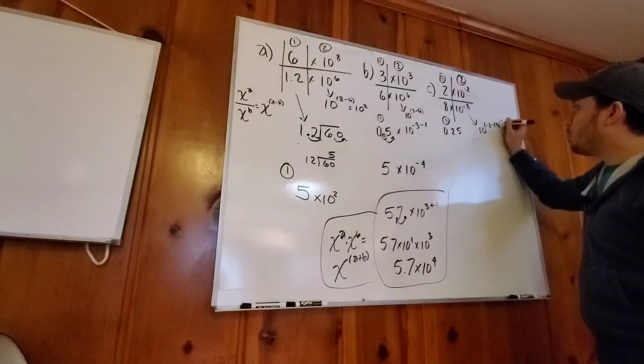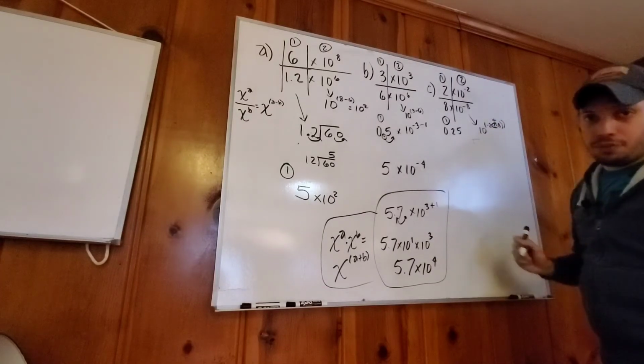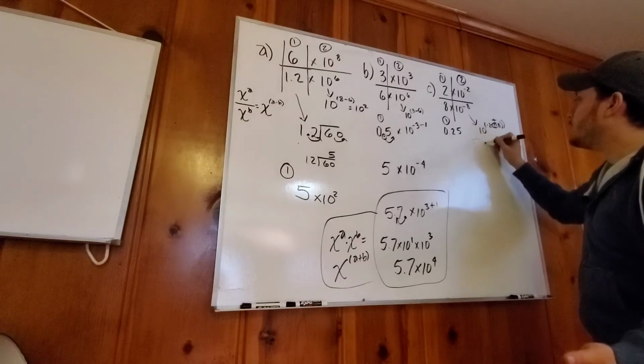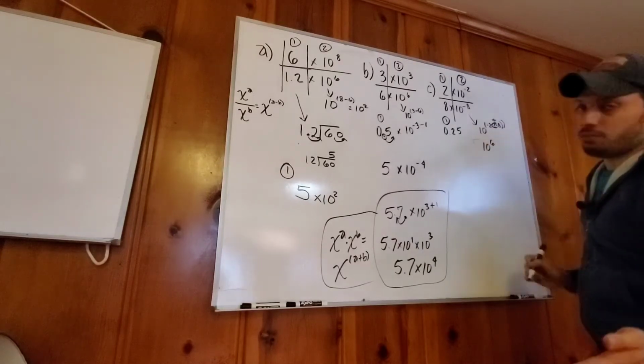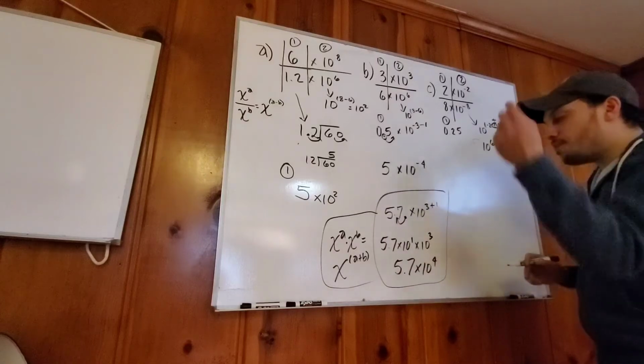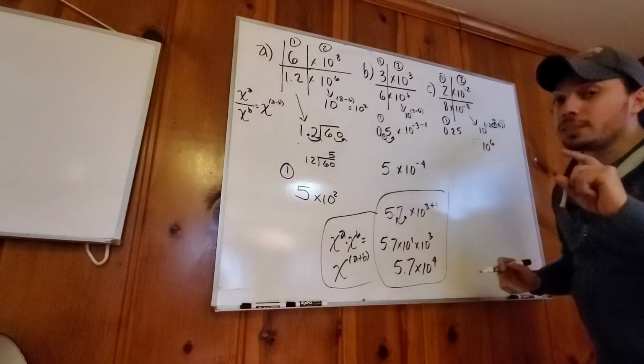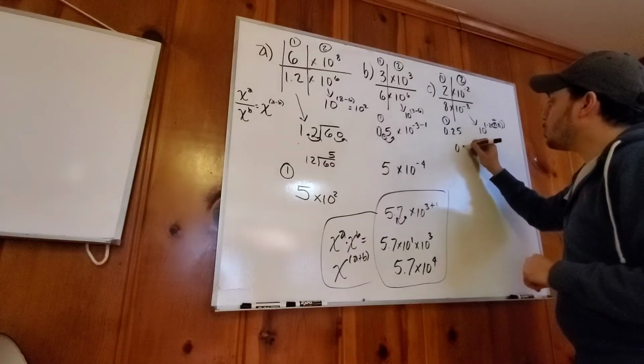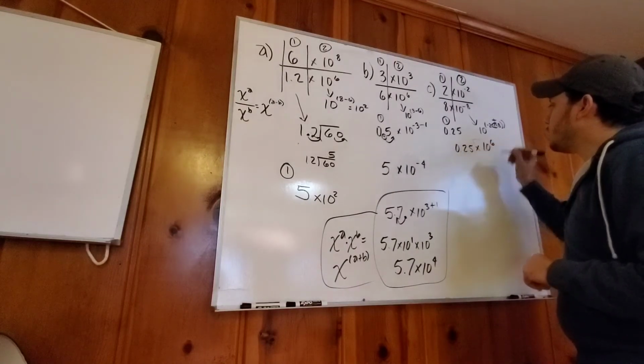Now this is very important because negative and negative is positive. And so negative 2 plus 8 is going to be 10 to the 6th. Negative 2 plus 8 is the same thing as 8 minus 2, which is 6. So then we have 0.25 times 10 to the 6th.